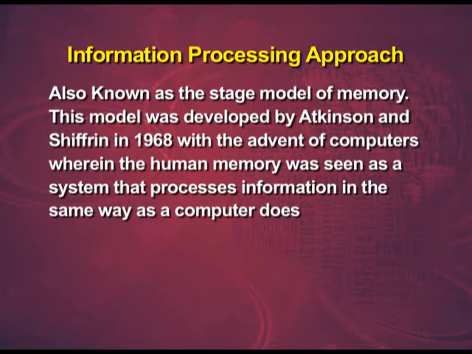We now come to the information processing approach, also known as the stage model of memory. This model was developed by Atkinson and Shiffrin in 1968 with the advent of computers, wherein the human memory was seen as a system that processes information in the same way as a computer does.